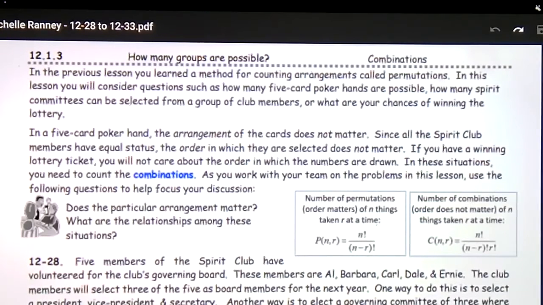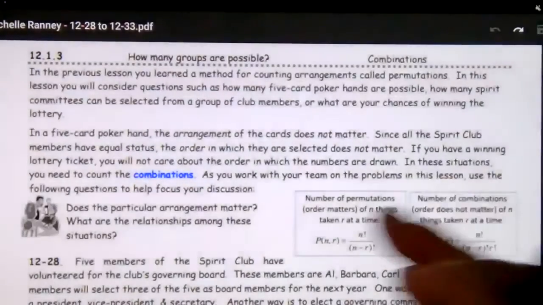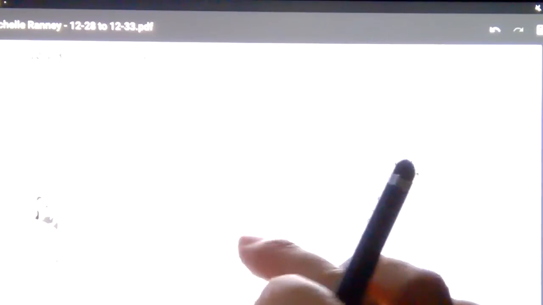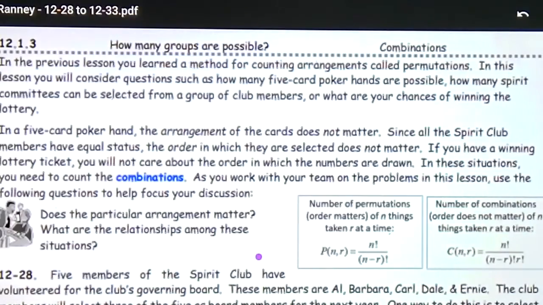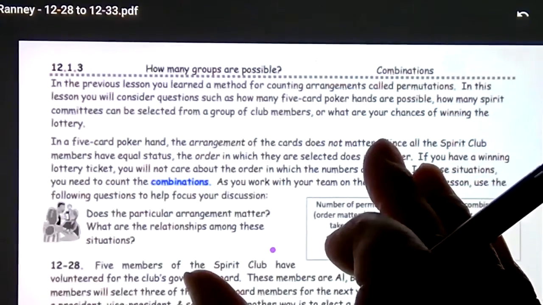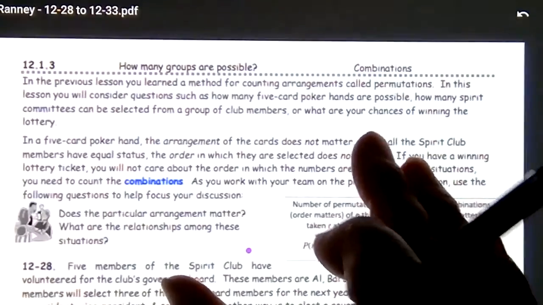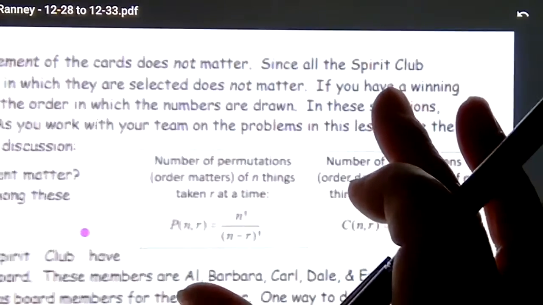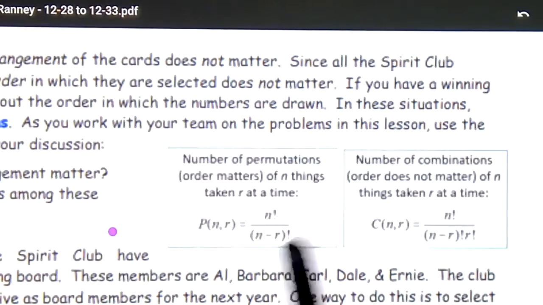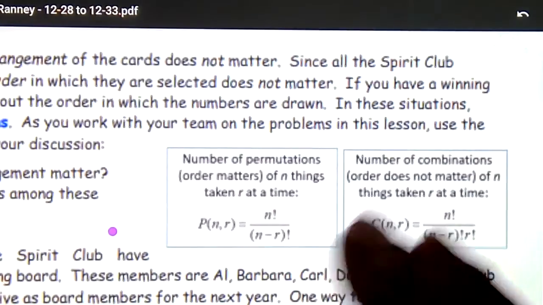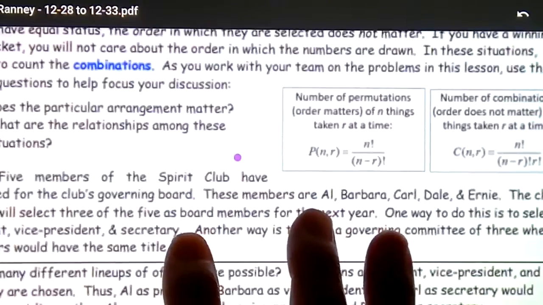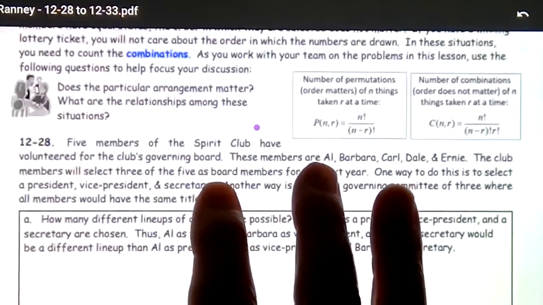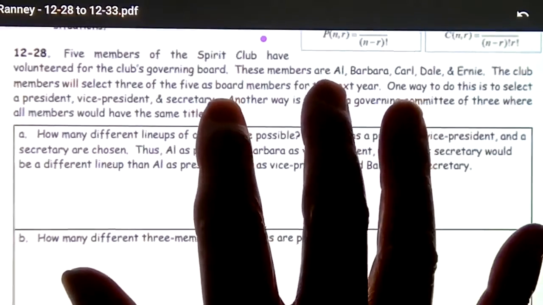With combinations, this time order does not matter, and there is no repetition. Again, here's the formula for permutations. Here's the formula for combinations. Now we're going to see some of these are going to be permutations, some of these are going to be combinations, and we have to decide which.